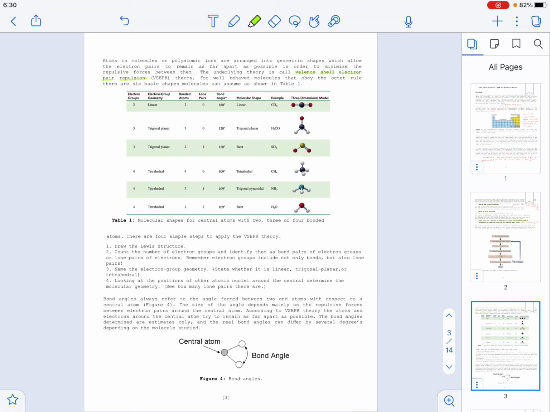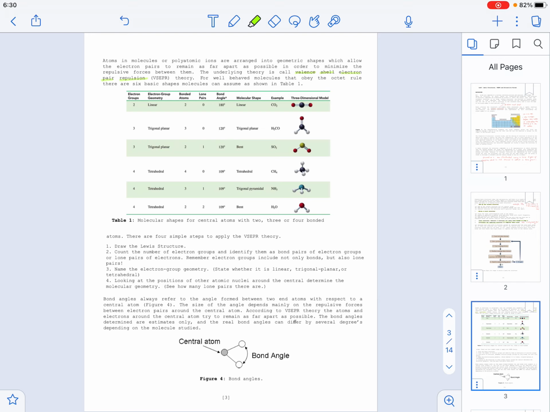How we apply that to molecular compounds is that the electrons, because they have negative like charges, are going to repel each other, and they're going to adopt geometric forms just because they need to be separated from each other because of the charge repulsion.